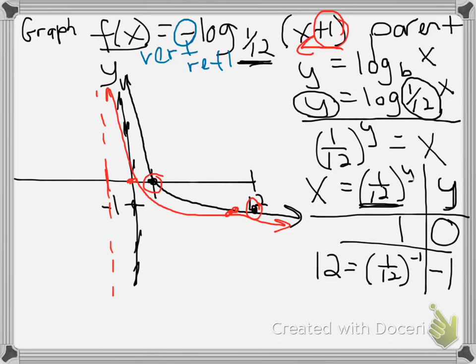Vertical reflection says take whatever you have underneath the x-axis and you're going to put it above. Anything above goes below. So notice that we've got this red point right here. It's right on the x-axis. That's going to stay the same. So is our asymptote. If we reflect that vertically, it stays exactly the same.